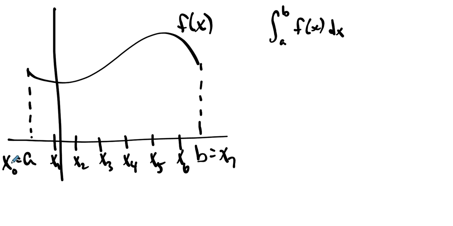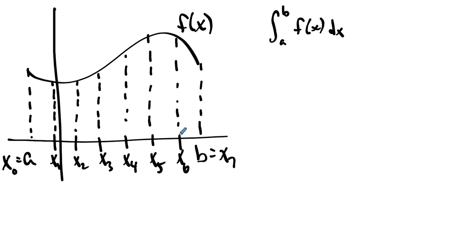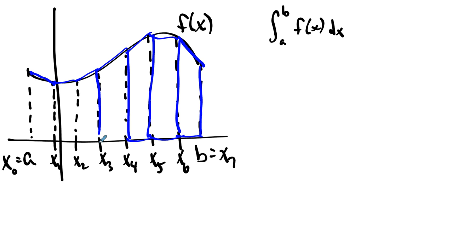And so you draw these vertical lines to the curve. And so the shapes that you get are trapezoids. Each of these shapes is a trapezoid, and the areas of the trapezoids roughly approximate the area under the curve.